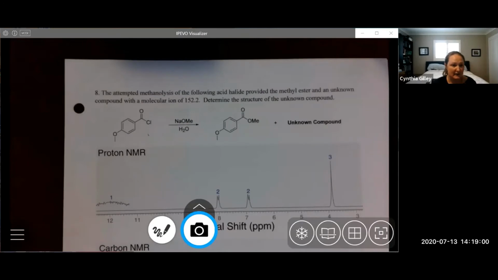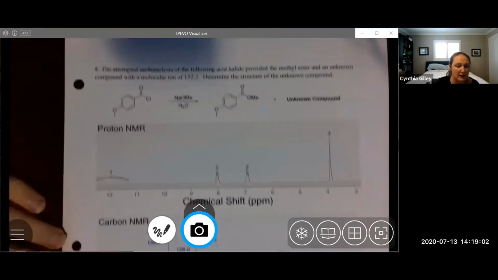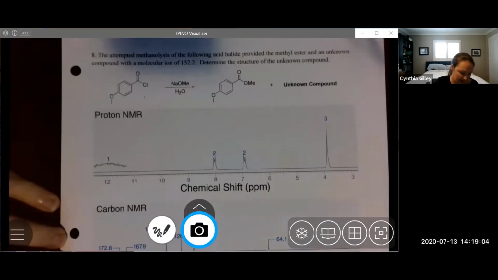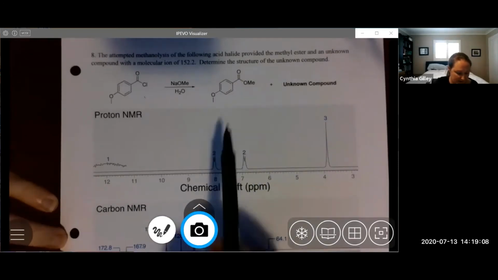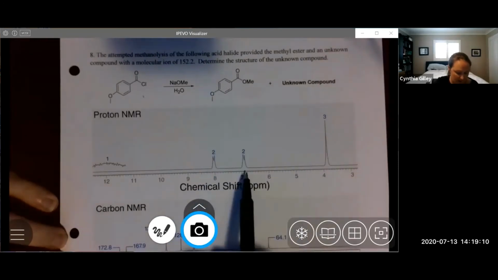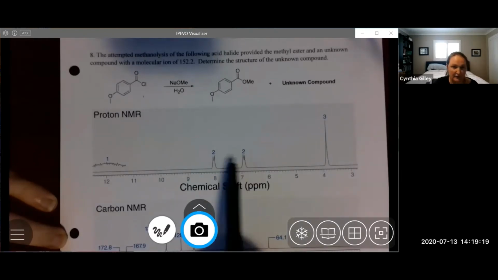So in looking at this NMR, it looks like the aromatic ring with the para substitution is evident. Doublets here in the aromatic region of around 7 to 8, each integrating for 2 hydrogens, symmetry.